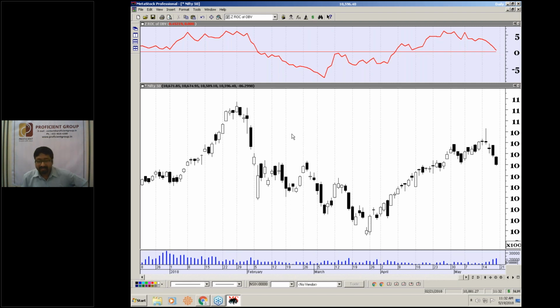Every momentum indicator has its own purpose, and also their own strengths and weaknesses. We need to know about their strengths and weaknesses so that we can take advantage of their strengths, and we can nullify their weaknesses through some other techniques, right? So let's begin today's session about the discussion on momentum oscillators.